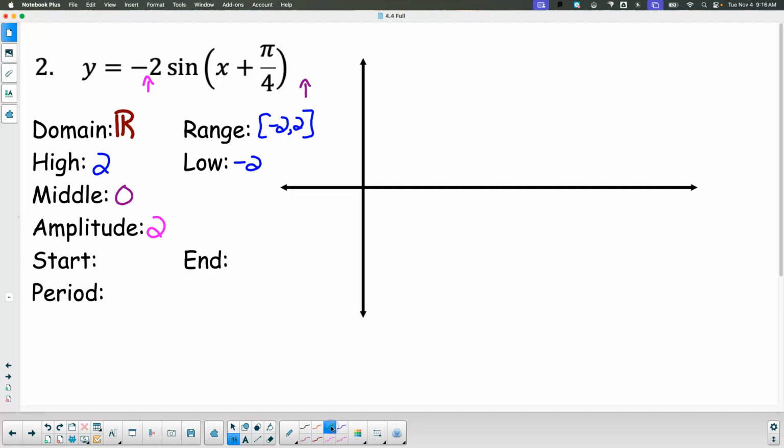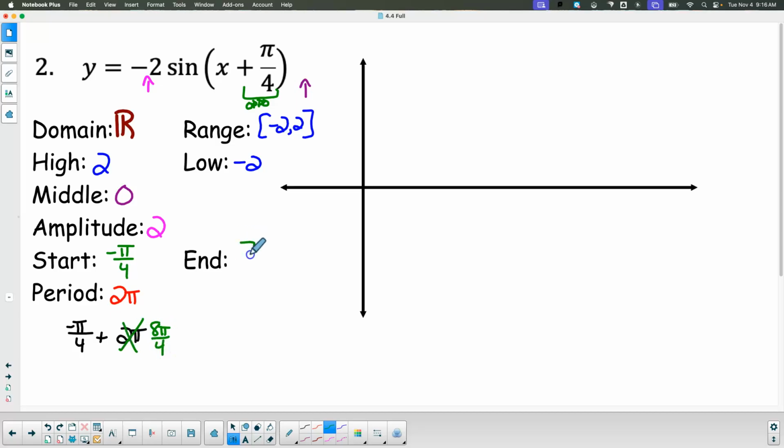Started at, I've got to think oppositely here. Negative pi over 4. So that's negative pi over 4. My period is still 2 pi, which would make negative pi over 4 plus, instead of writing it as 2 pi, I should write it as 8 pi over 4.